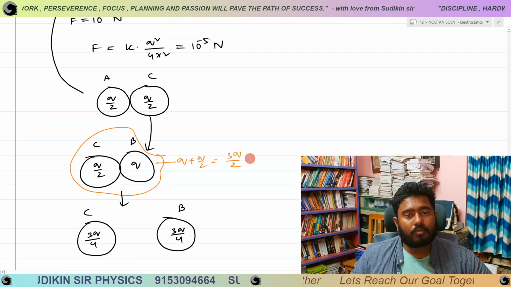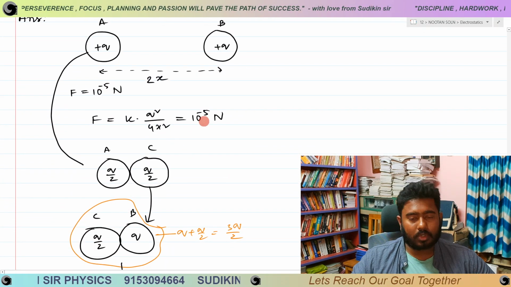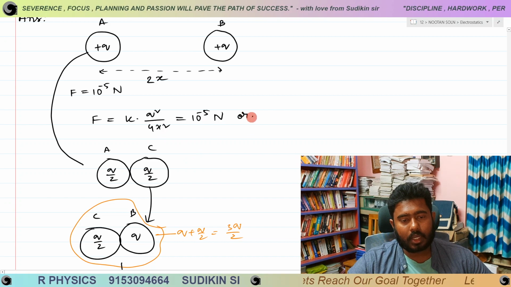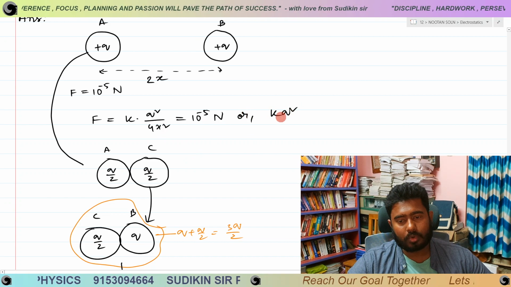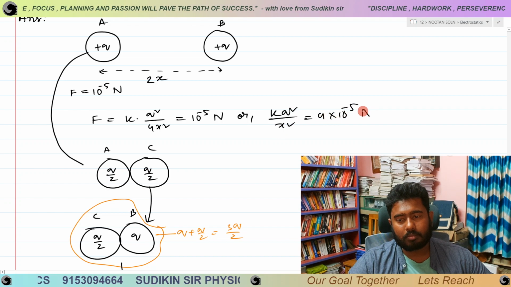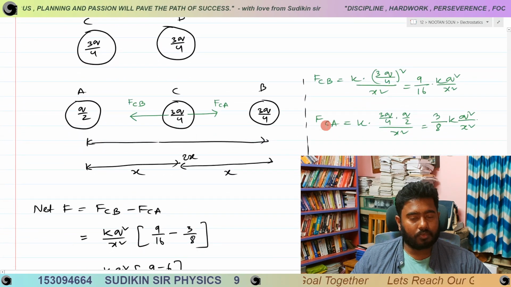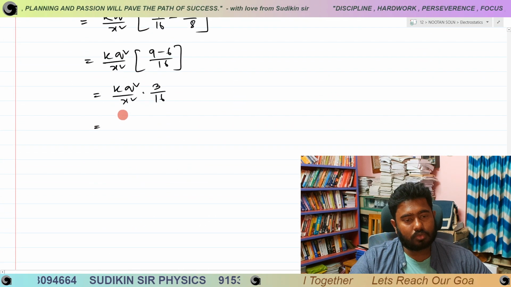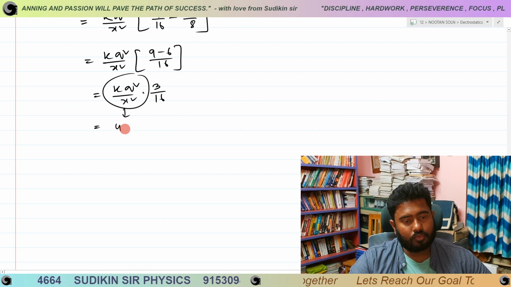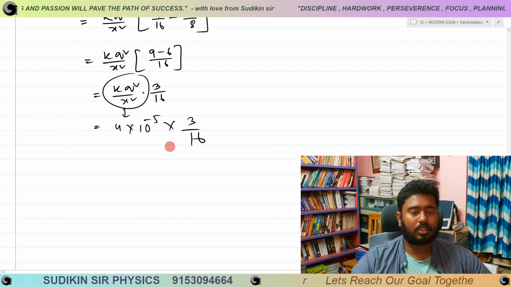Now from the previous discussion, we can write that kq square by 4x square is 10 to the power minus 5 Newton, so kq square by x square equals 4 into 10 to the power minus 5 Newton. So this will be 4 into 10 to the power minus 5 into 3 by 16.